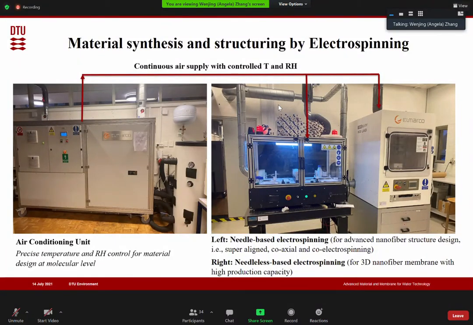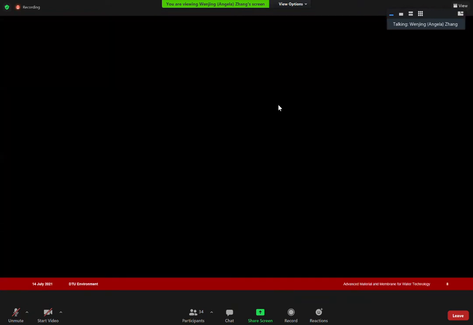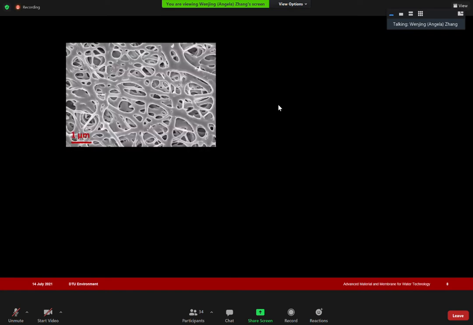And the outcome would be super high mechanical properties, thermal conductivity, and for some functional polymers, you can also enhance the ion conduction paths. So those are from the structure point of view, and also we have different materials to play with. For instance, here is pure polymer.